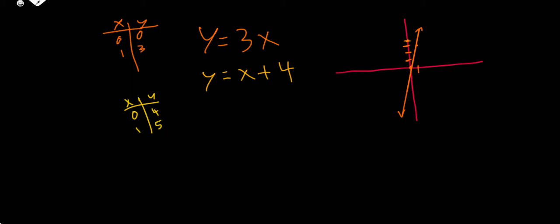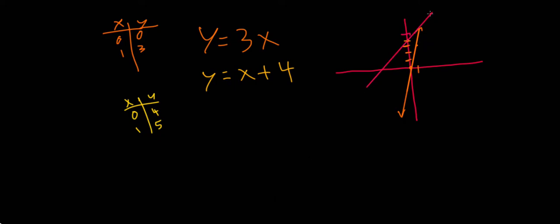Let's do a different color for this one. And the next point is 1, 5. So 1 and 5, somewhere right there. All right, so let's now connect those 2 points to finish off our line. Okay, so something like that.